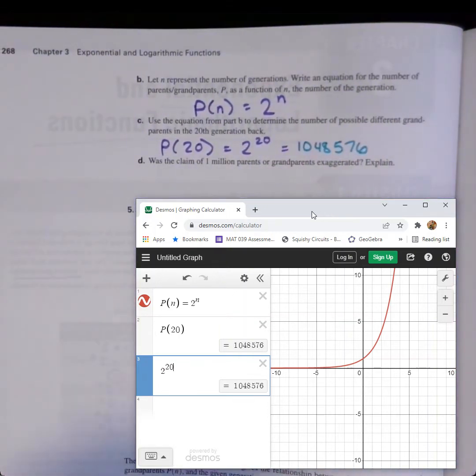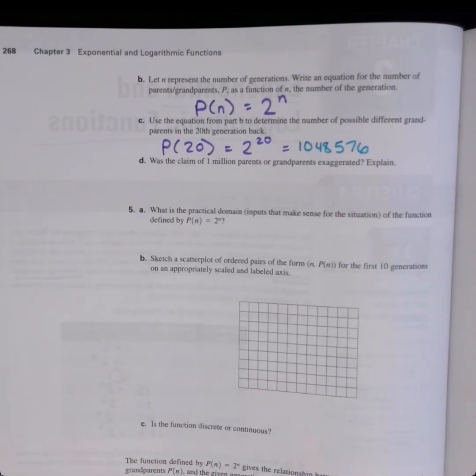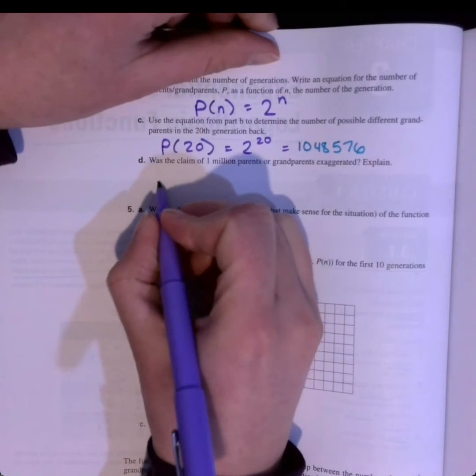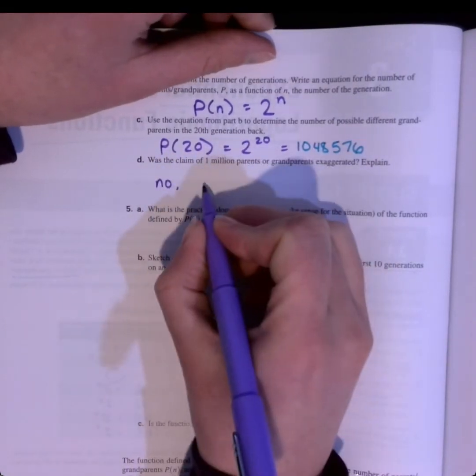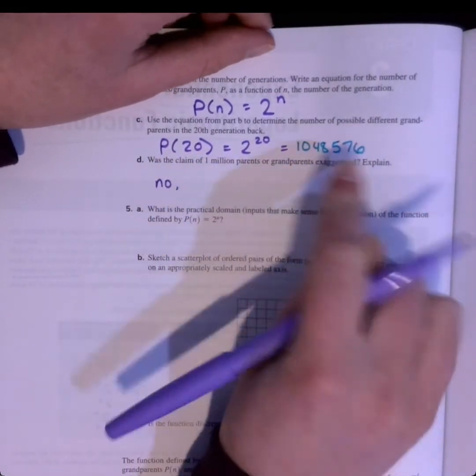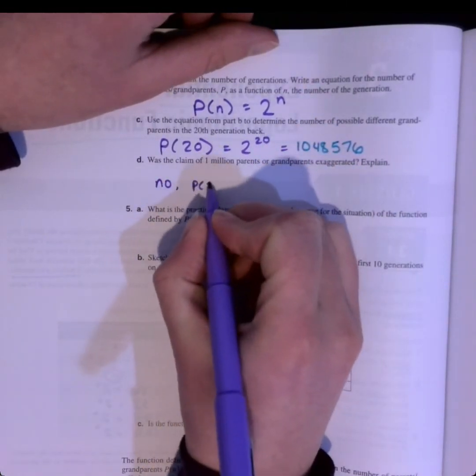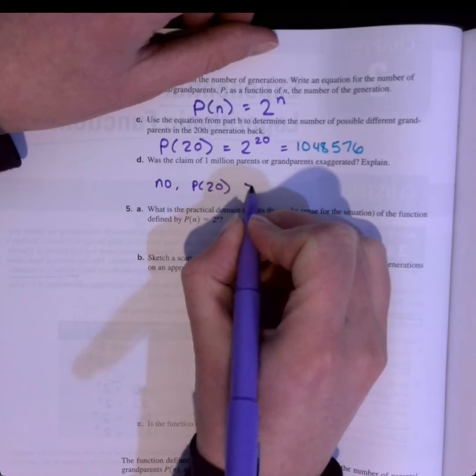So was the claim of 1 million parents or grandparents exaggerated? No, right? Because 20 generations back, there's the possibility for more than 1 million. P of 20 is greater than 1 million.